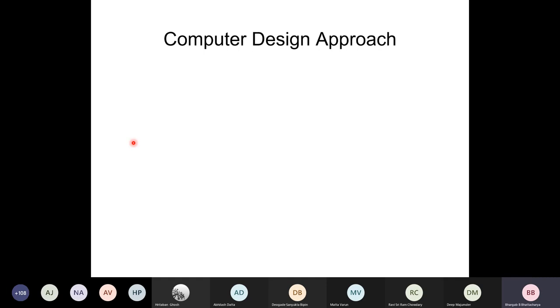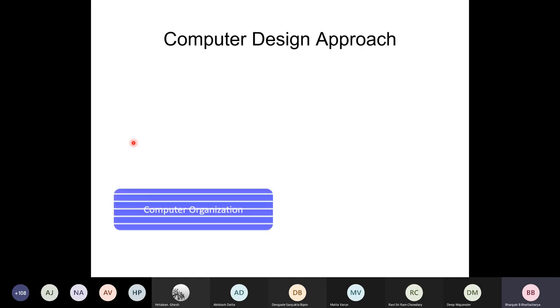Now let us talk about this computer design approach. One possibility is that you build the hardware first. That means you start with computer organization. So maybe you start with an adder, then you design a multiplier, and then you design some flip-flops and some registers. Keep on interconnecting them one after another, starting from a small machine, keep on building bigger and bigger machines.